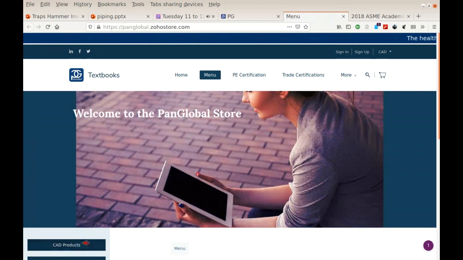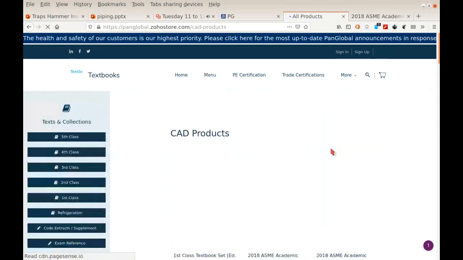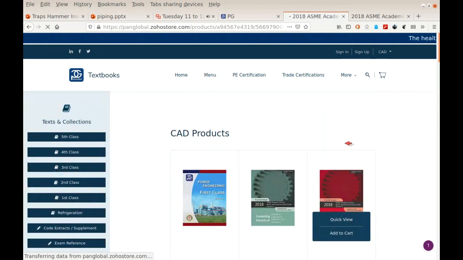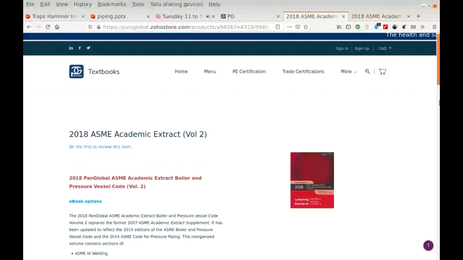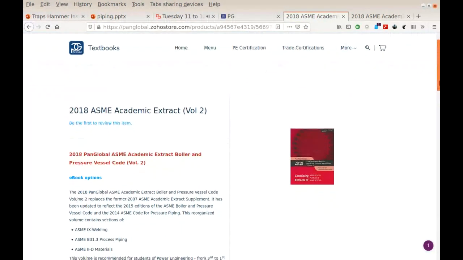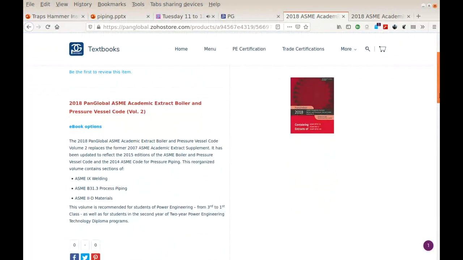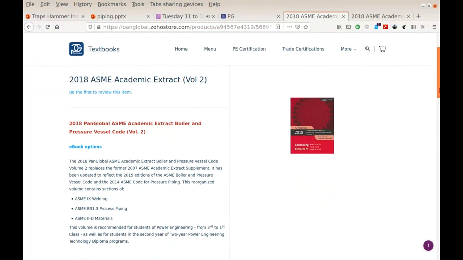And so one of the things we had to do was update from the 2004 code. And so I worked very closely with the director of SOPEAK, a guy named Tom Lemming, to find out exactly what students need for the examinations.